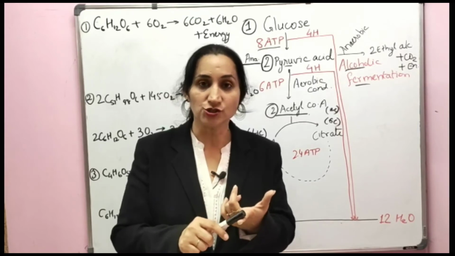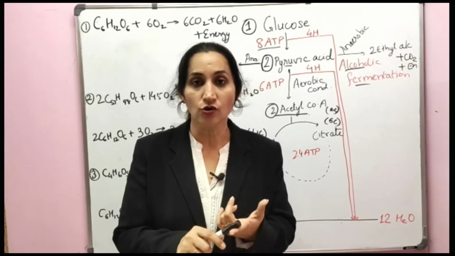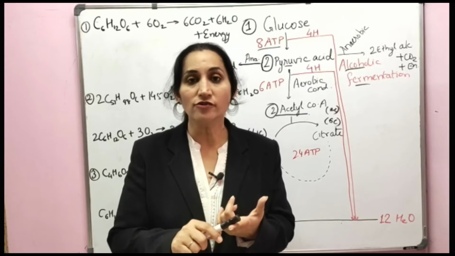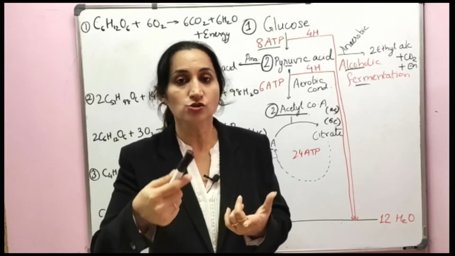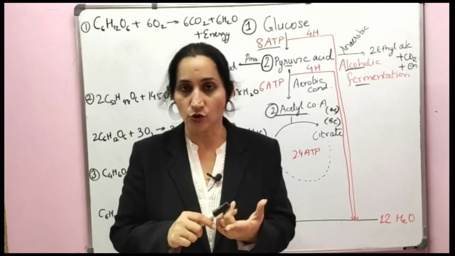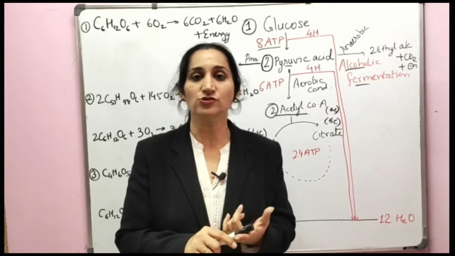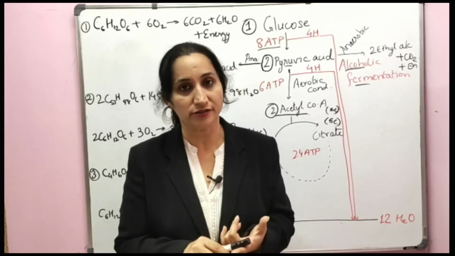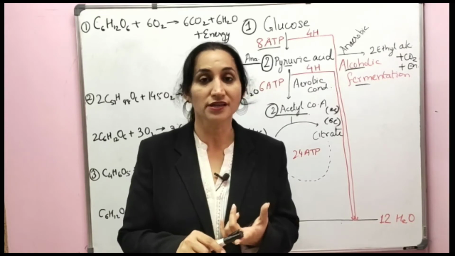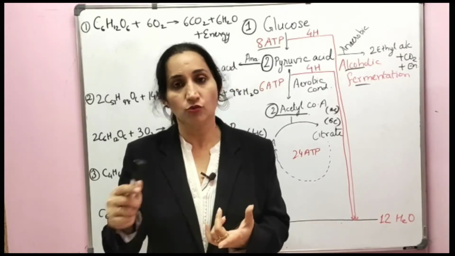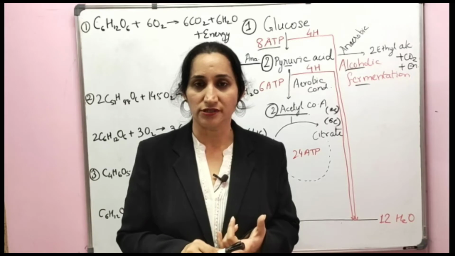So the respiratory ratio is the ratio of the volume of carbon dioxide released to the volume of oxygen absorbed. This ratio depends on the nature of the substrate. The respiratory quotient can be equal to unity, more than unity, or less than unity.